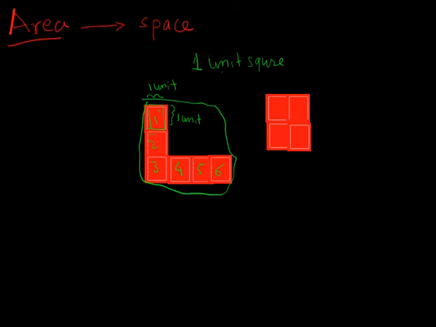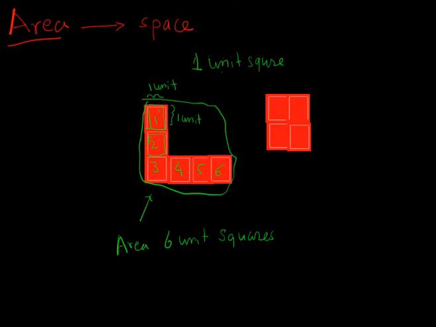Similarly, this is my another unit square. So all these are my 1 unit square each. So how many unit squares do I have? I have 6 unit squares. So I can say my area here is 6 unit squares.